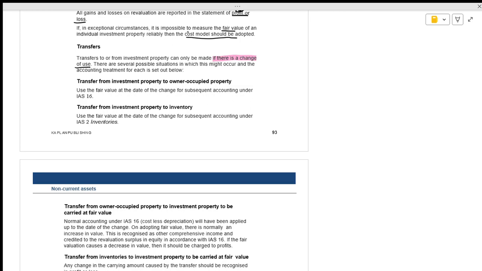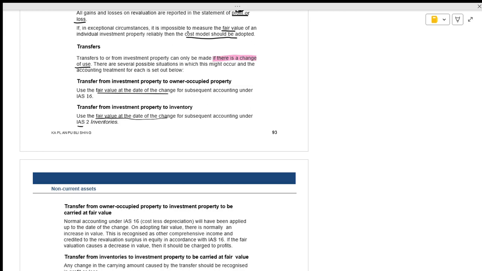If it is a transfer from investment property to owner-occupied property, use the fair value at the date of change. Fine. On transfer from investment to owner-occupied, definitely it is fair value at the date of change for subsequent accounting.